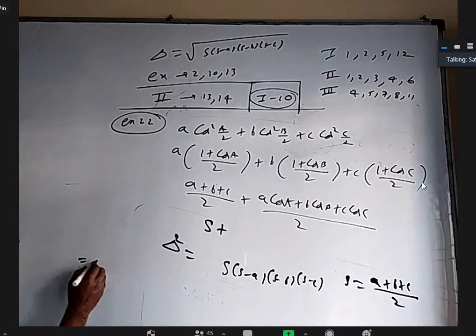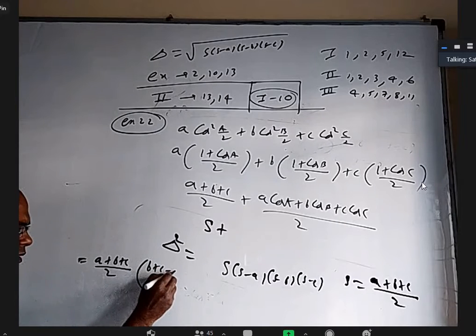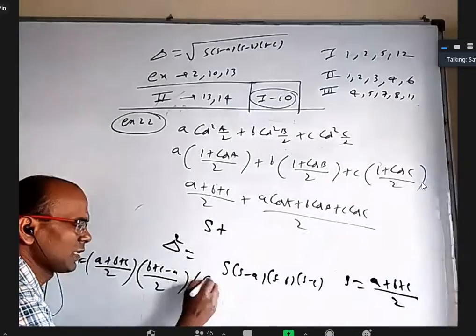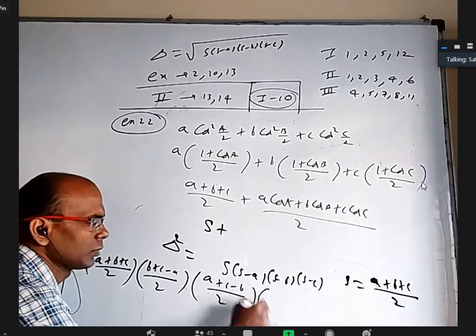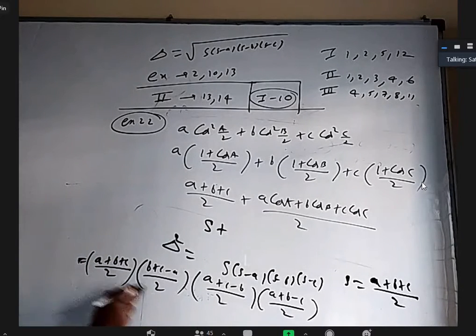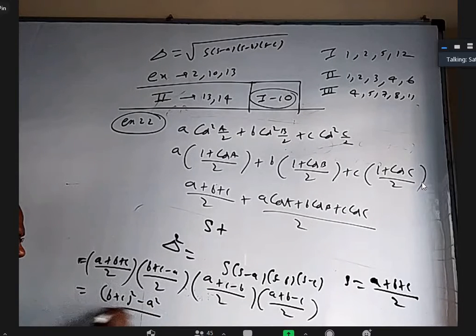Okay, this S I'll get A plus B plus C by 2. This will come B plus C minus A by 2 after simplifying by 2 part. This is A plus C minus B by 2. This is A plus B minus C by 2. If I multiply these two, I can write B plus C whole square minus A square by 4.